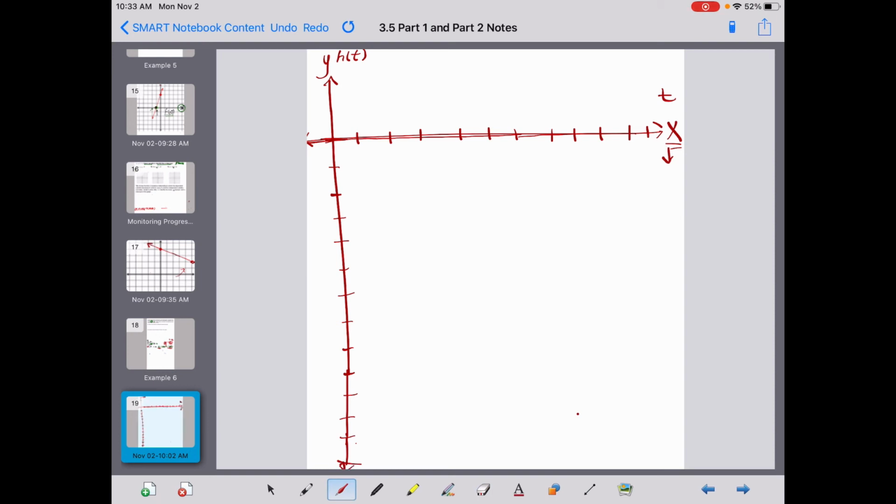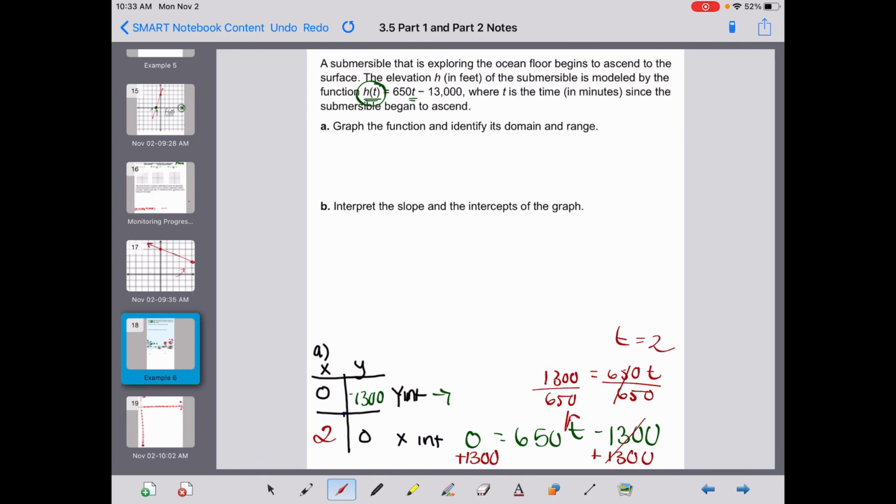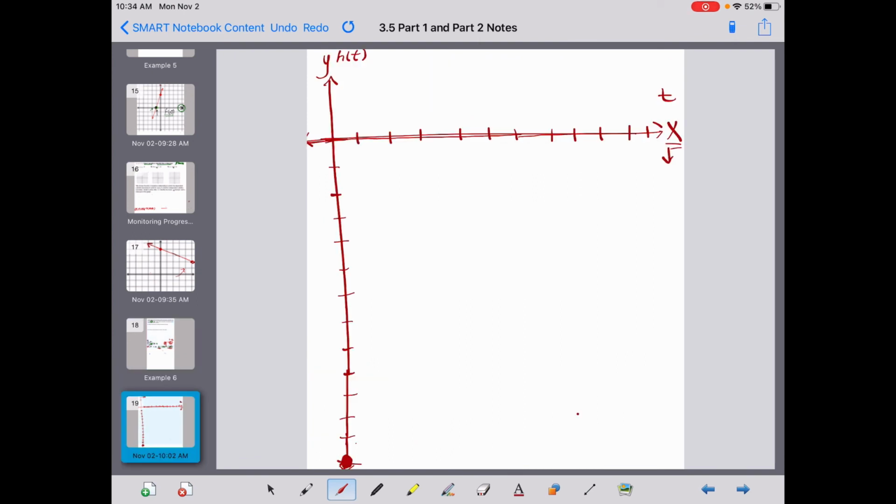Okay? And that's our starting point right there, because our y-intercept was 0, 1,300. Our x-intercept, if we go back, was 2, 0. So my x-intercept over here is on the x-axis, and then I connect those 2 points.